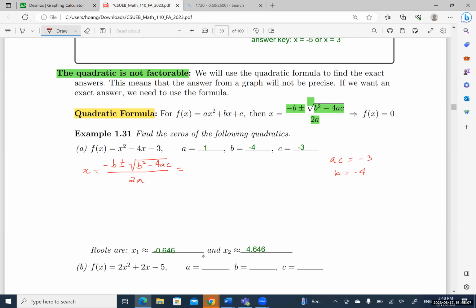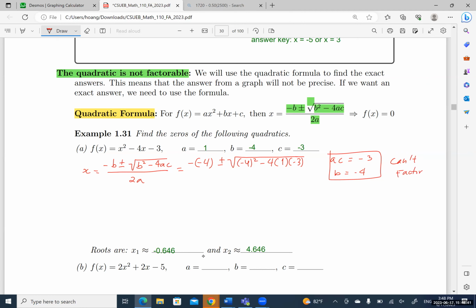So negative b is the negative of negative 4, plus and minus the square root of negative 4 squared minus 4 times 1 times negative 3. I'll just say can't factor.